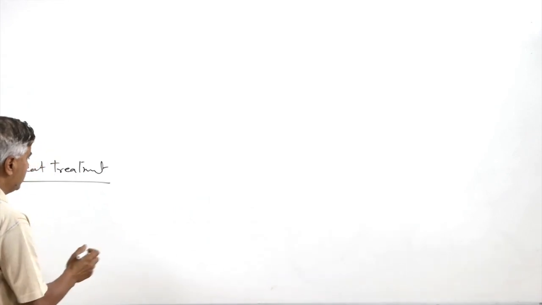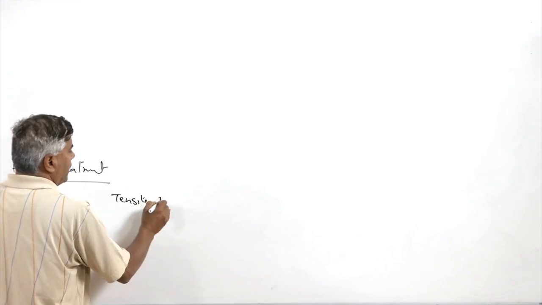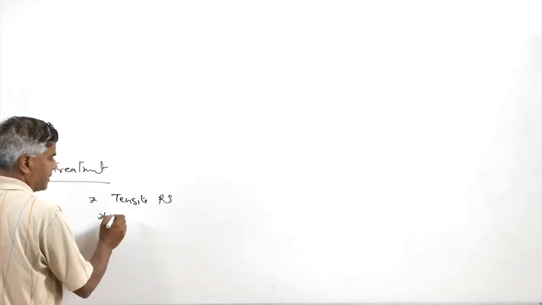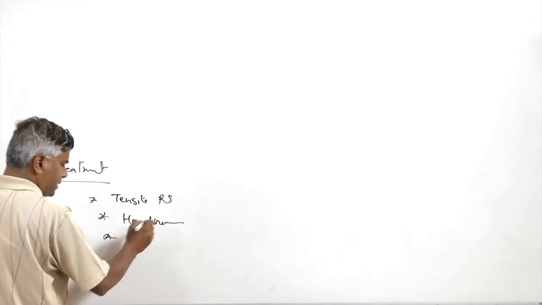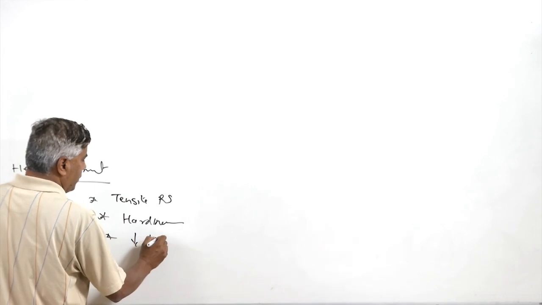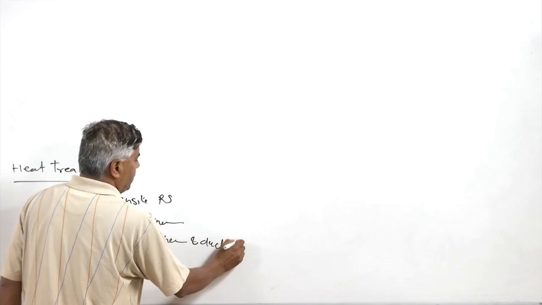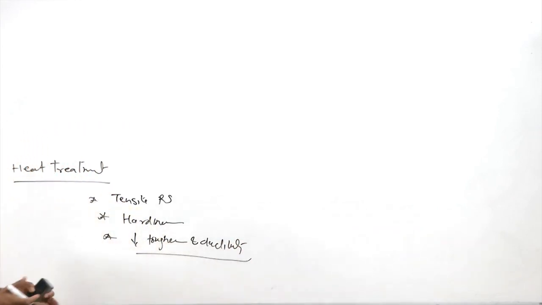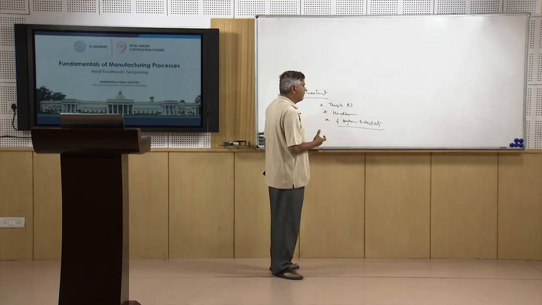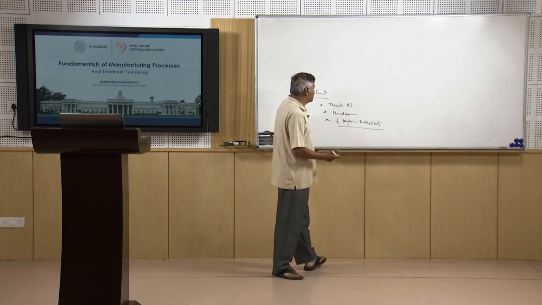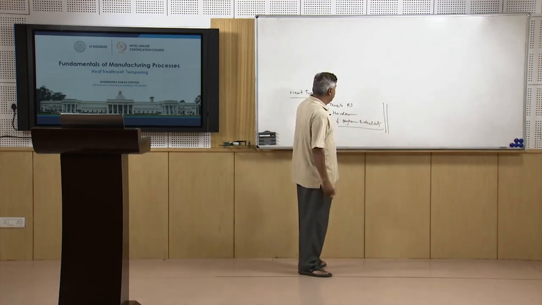But as I have also discussed in the hardening, tensile residual stresses are developed at the surface. It causes increase in hardness, but increase in hardness is also coupled with the reduction in toughness as well as ductility. So for many applications, if there is a loss of toughness and ductility, then the steel component heat treated by hardening treatment cannot be used for many engineering applications, despite having very good hardness and strength.